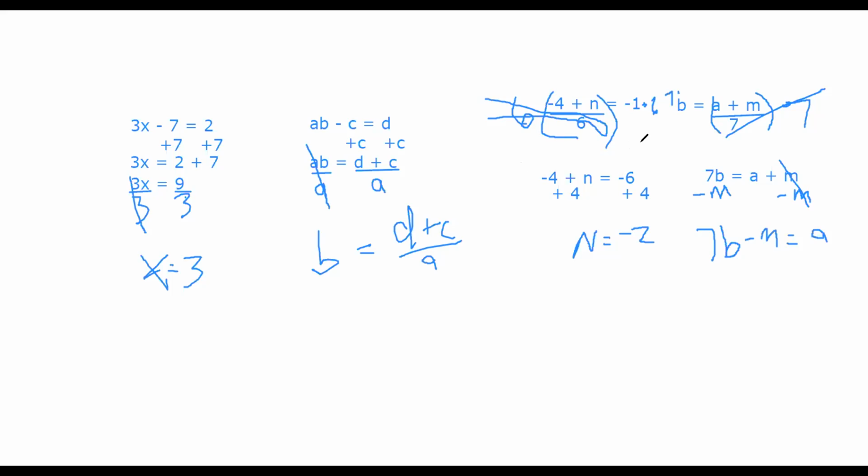None of the letters disappear, in terms of moving them. They all stay where they're at. You can't just drop them because you don't know what they stand for. If I told you that B equals 25 and M equals 11, now you could solve it with numbers. But we don't know.